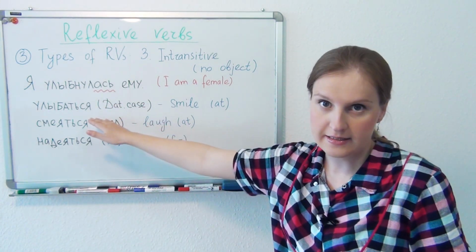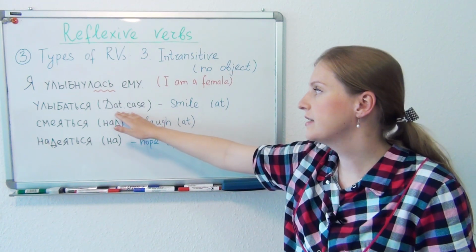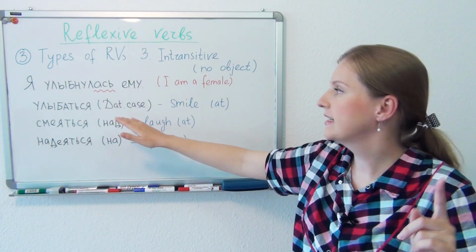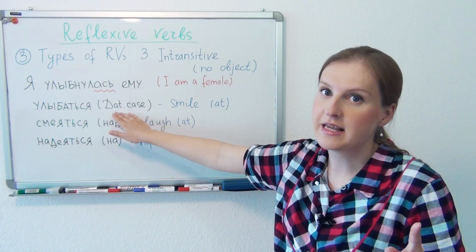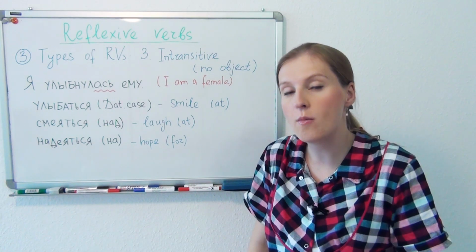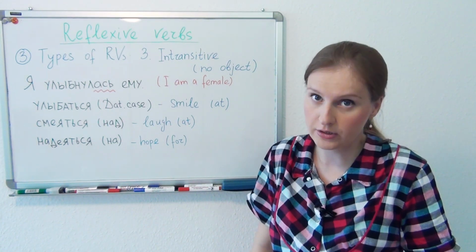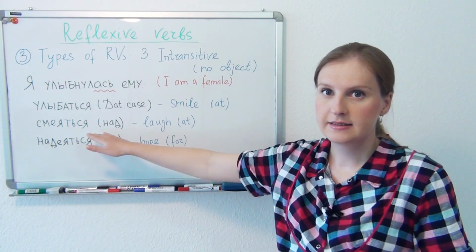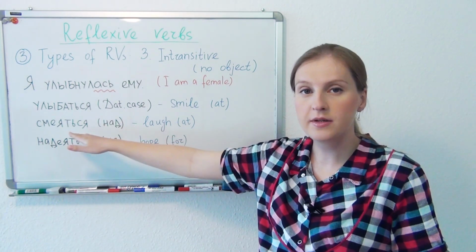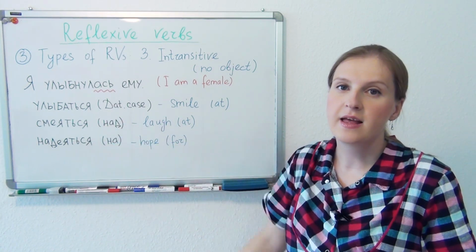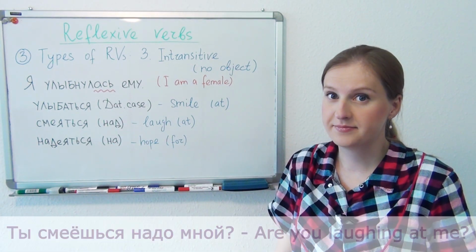So, улыбаться, by the way, after it, we can use an object, but indirect, and it should be in the dative case, like here, ему. Ему is the dative form of the pronoun он, he. Смеяться. After this verb, to laugh, we use the preposition над, and then the instrumental case.